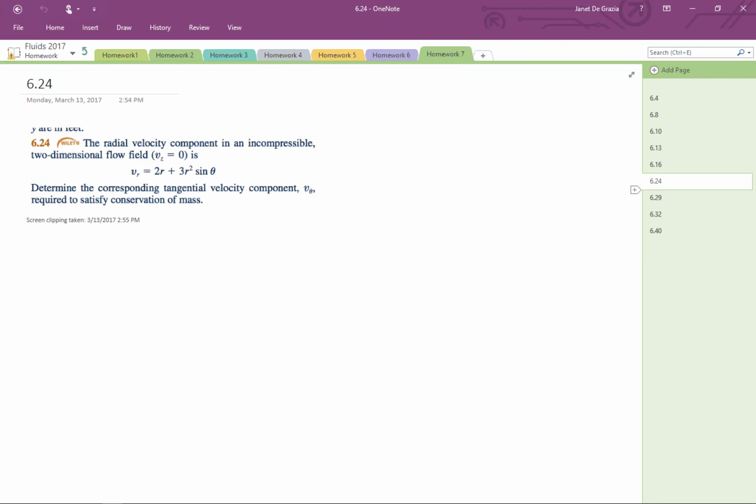Oh, wait, so this equals negative, and so this equals negative. So for 6.24, what does the answer say? And you are claiming that the 9r squared thing should be positive. So why is it positive? I'm looking at this and it should be positive.